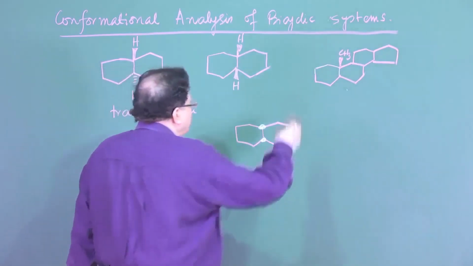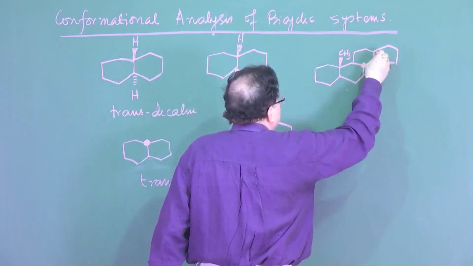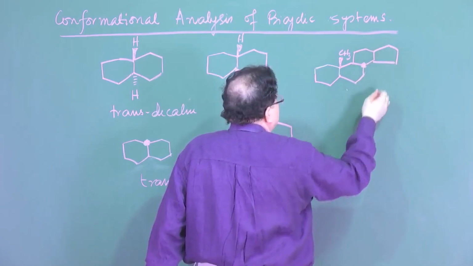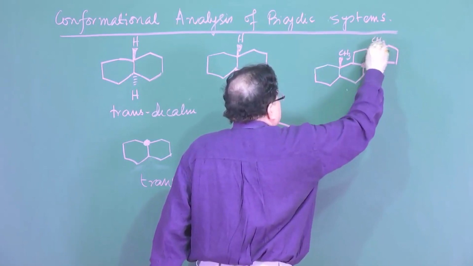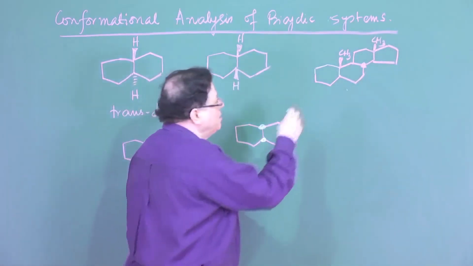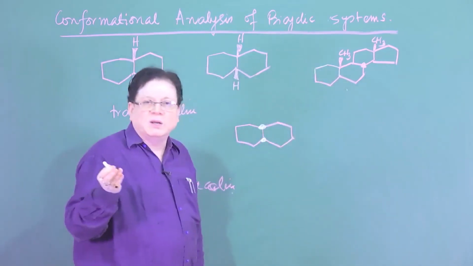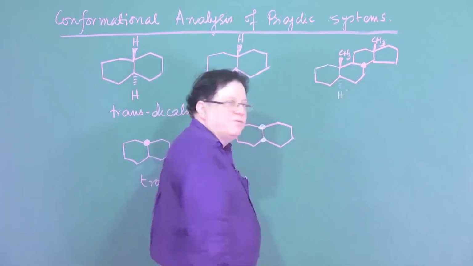So if I write a dark circle here, and here another, the same for a methyl, it immediately tells you that there is a hydrogen here because no substituent is written there, and it has an alpha orientation.